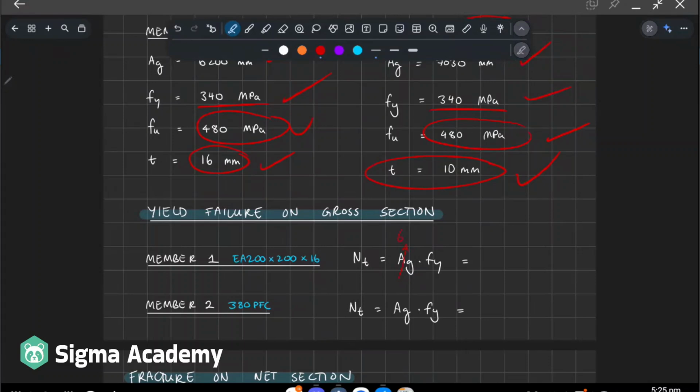This is 6,400 for the equal angle, and for the PFC, it's 7,030. The yield strength was 340 for both. Right, and that gives us 2,108 kilonewtons and 2,390.2 kilonewtons. Sure, okay. So we'll keep these in mind for later.